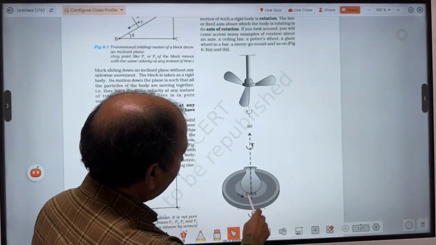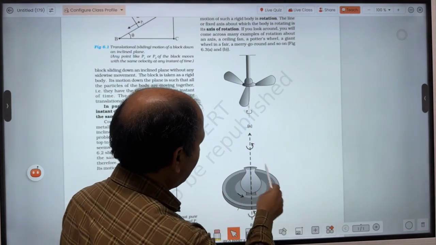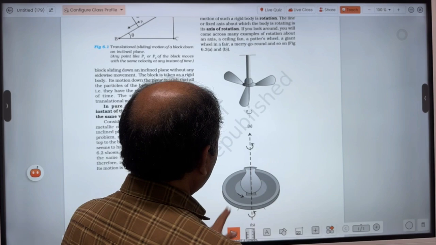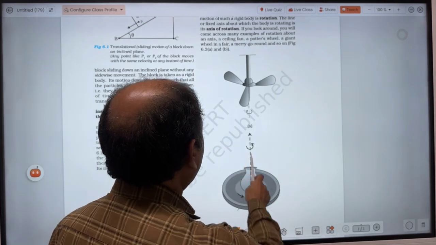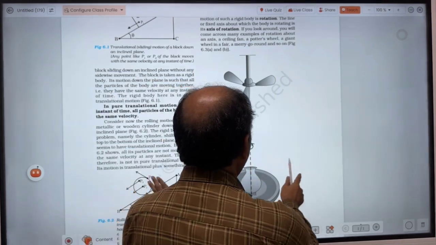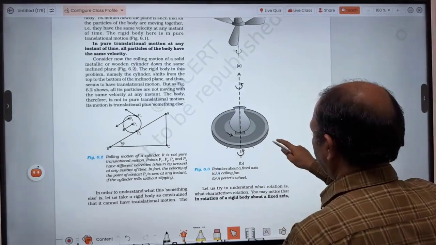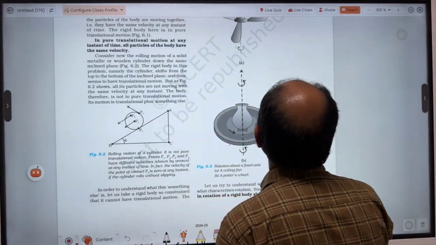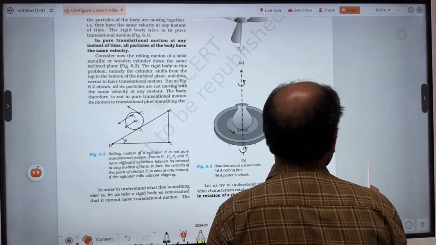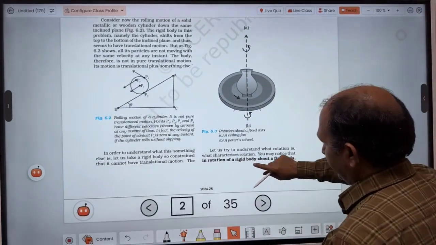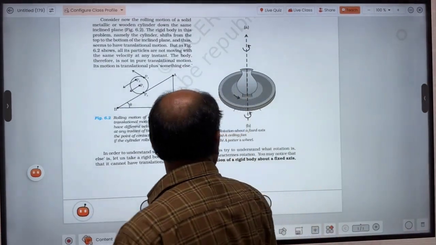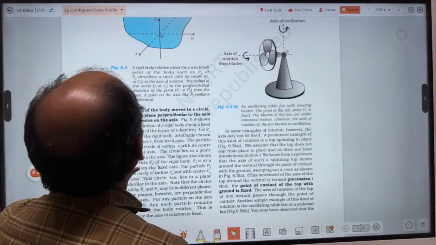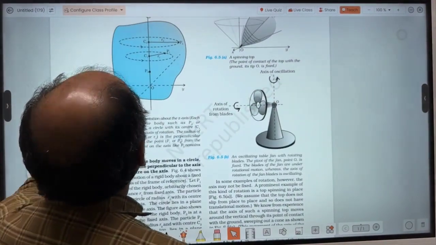Similarly, here is a potter's pot, he is creating the pot, so it is moving around like this. So there is a center, meaning the axis of rotation. So different situations can be visualized in which rotational motion is there about an axis, and that is called the axis of rotation.